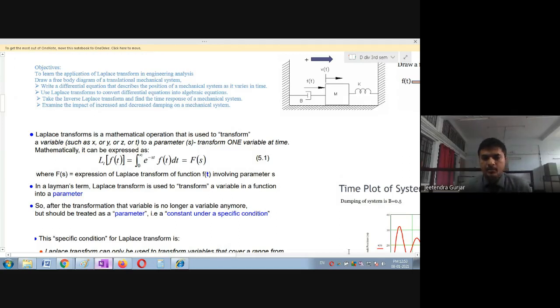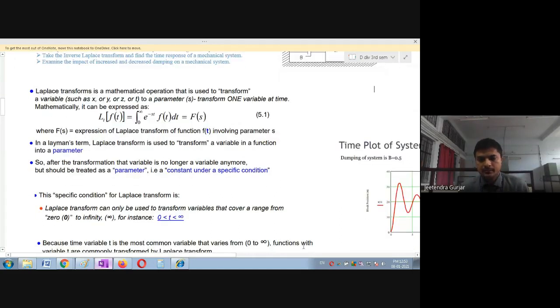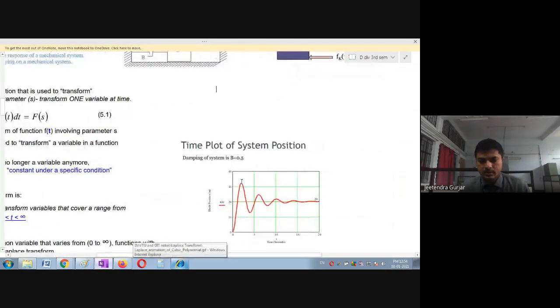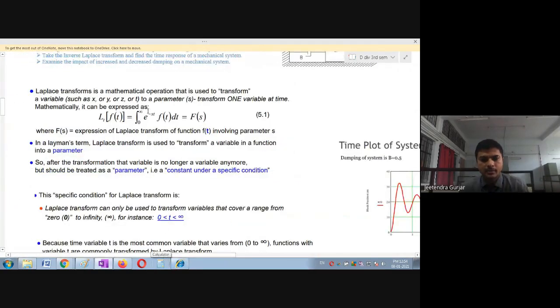You can see exponentially this is increasing, right, and it goes on decreasing, therefore it is a reverse exponential function. We have taken a negative sign, e raised to minus st, right, where F of s is nothing but the expression of the Laplace transform of function f of t involving parameter s, student.